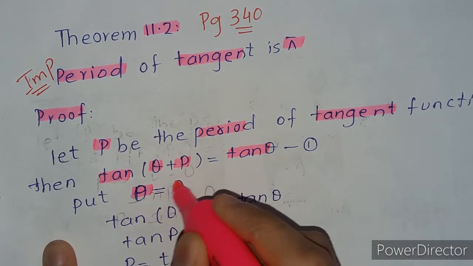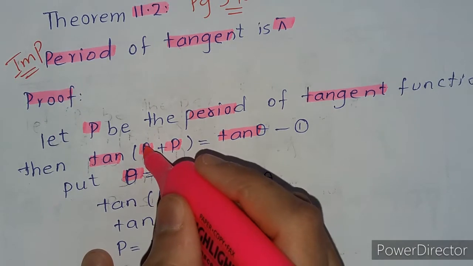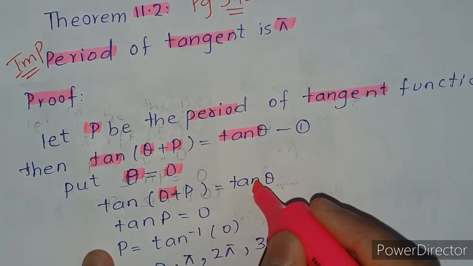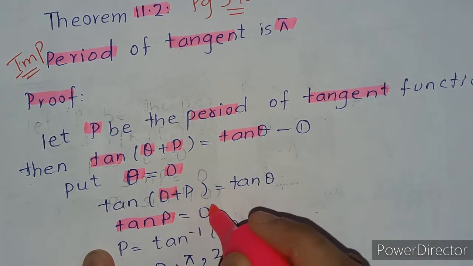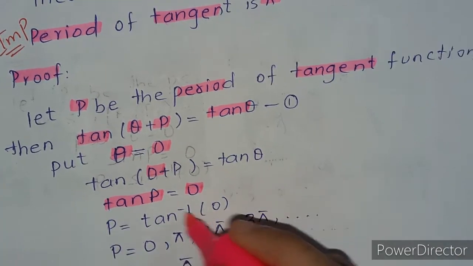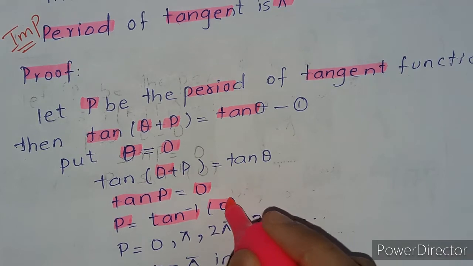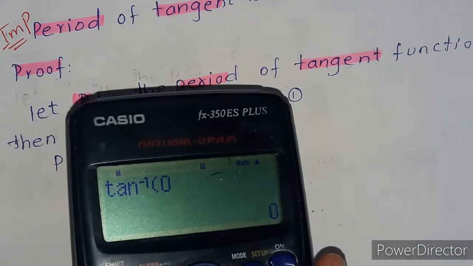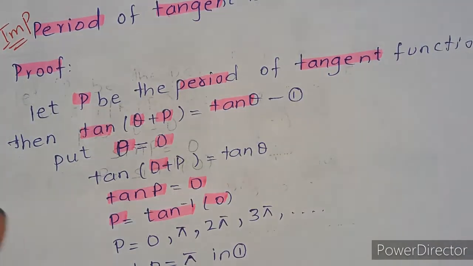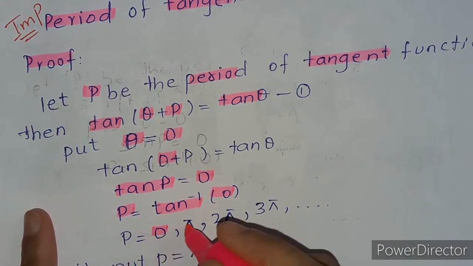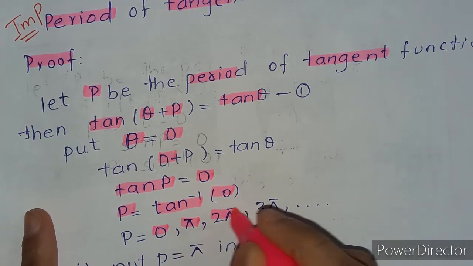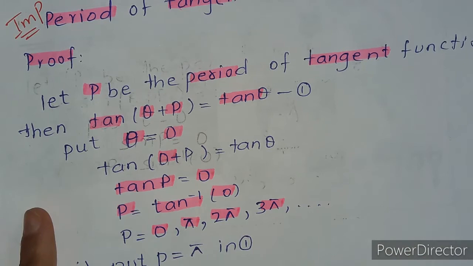Now putting the value of theta as 0, in the place of theta we put 0. So we get tan p is equal to 0. Now we can find the value of p. P is tangent inverse 0, which is 0. So p can be pi, 2 pi, 3 pi and so on, like the previous one.